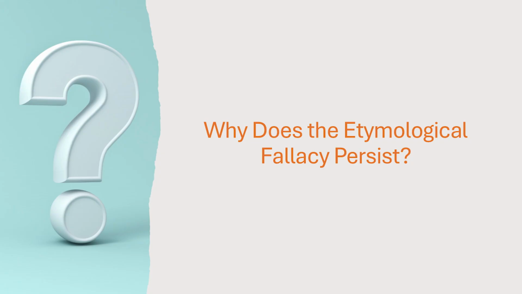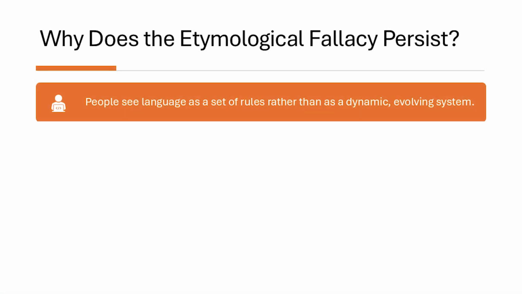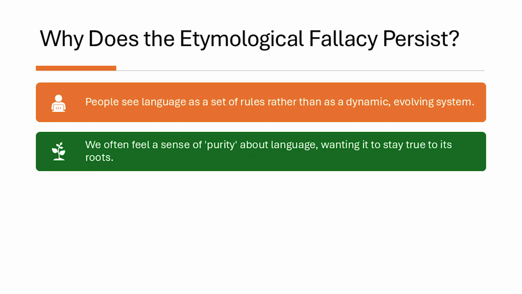You might ask, if that is the case, why is it that so many people fall into the trap of the etymological fallacy? You could provide different explanations to this. One reason could be that many people see language as a set of rules rather than a dynamic, evolving system. Also, people feel a sense of purity about language. They want to protect it. They want to protect the true meaning of words.